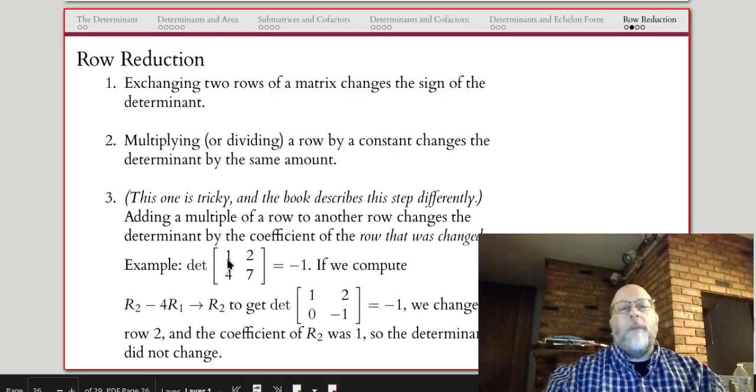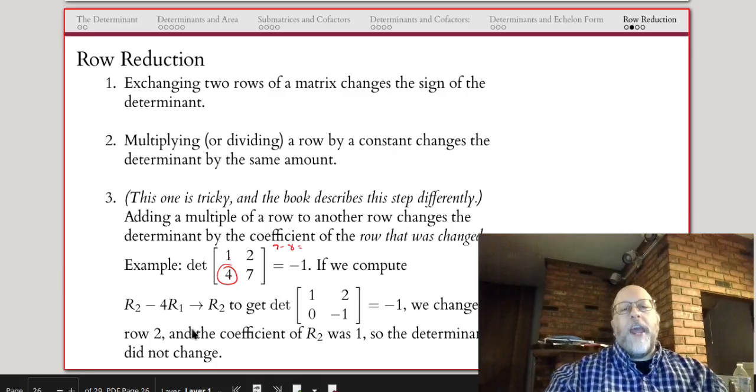If we start with the matrix 1, 2, 4, 7, that determinant is 7 minus 8, which is negative 1. And I'd like to eliminate that 4 and put the matrix into echelon form. So if we do row 2 minus 4 row 1, that's 4 minus 4 is 0, 7 minus 8 is negative 1.